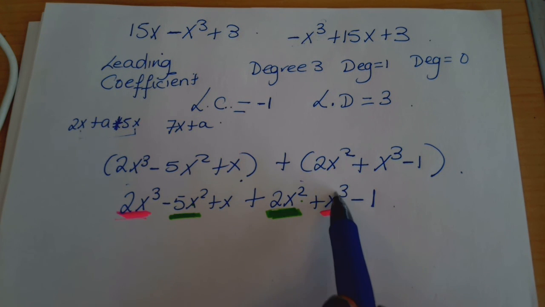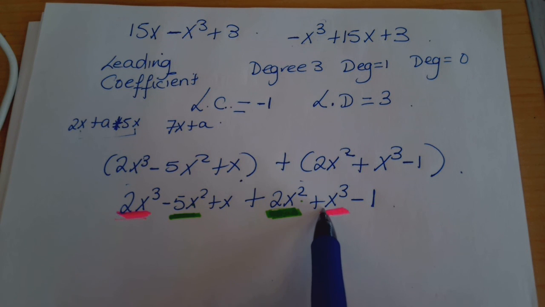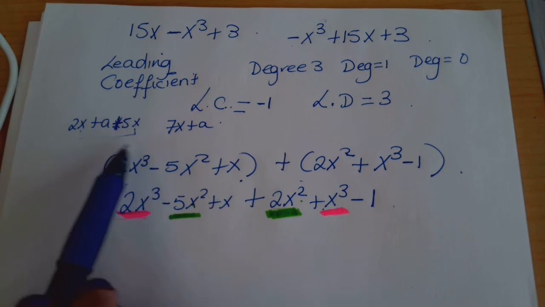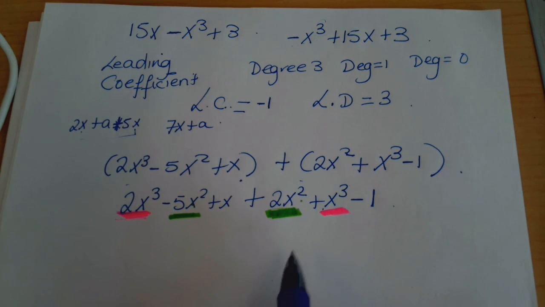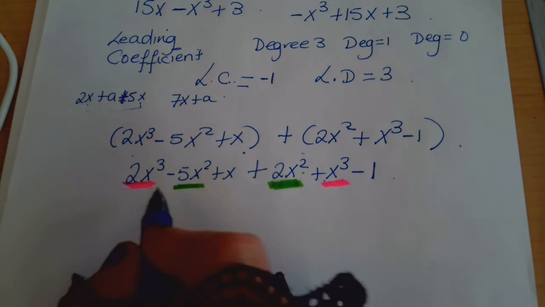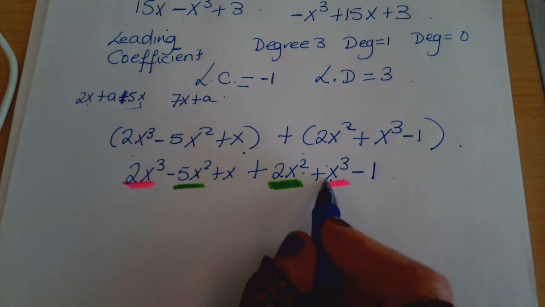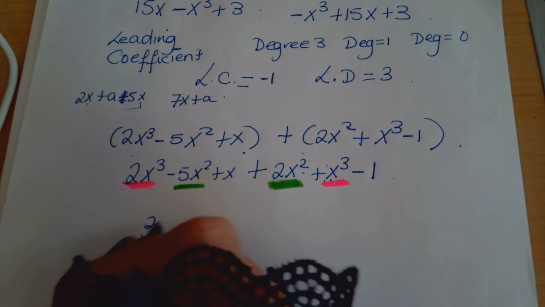So this does not change the cubes. You're not adding that together. You're adding the numbers in front. Just like you added 2x plus 5x, you only added the 2 and 5. You're going to do the same thing here. So 2 plus 1, adding the coefficients in front, gives me 3x cubed.